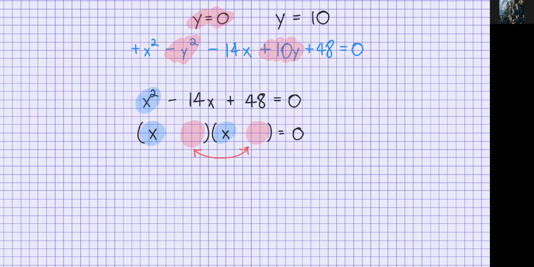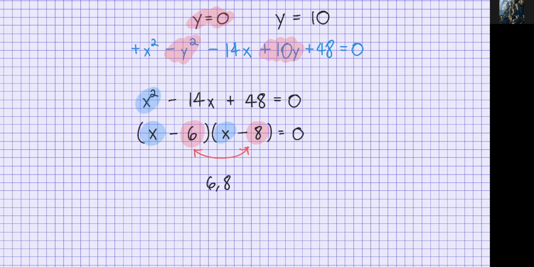So very quickly, we can identify that 6 times 8 are 2 factors for 48. And if I add them, they will equal 14. So let's write 6 in here and the 8 in here. Now, if you see, I am multiplying these two numbers, and they are giving 48 positive, but when I add them, they give me 14 negative, so automatically I know that both of them have to be negative.